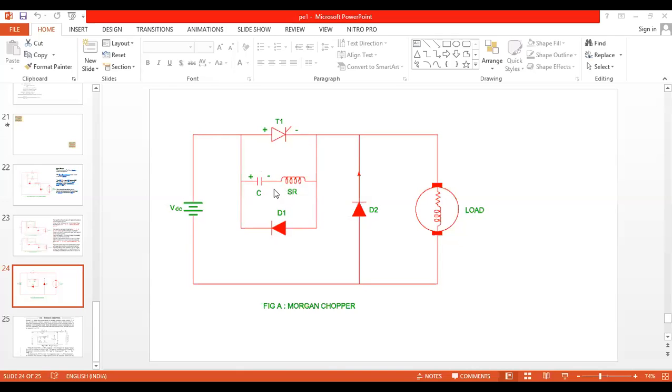The inductor releases its stored energy, so this becomes positive and this plus and minus. You must draw the circuit once again in the examination.